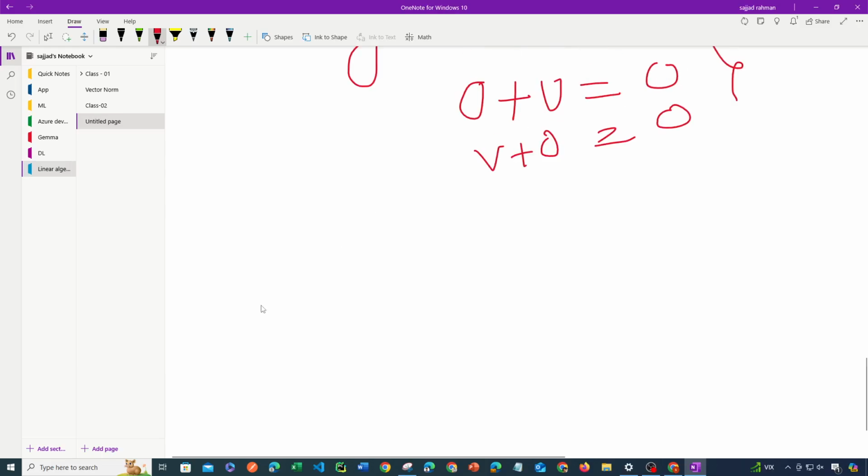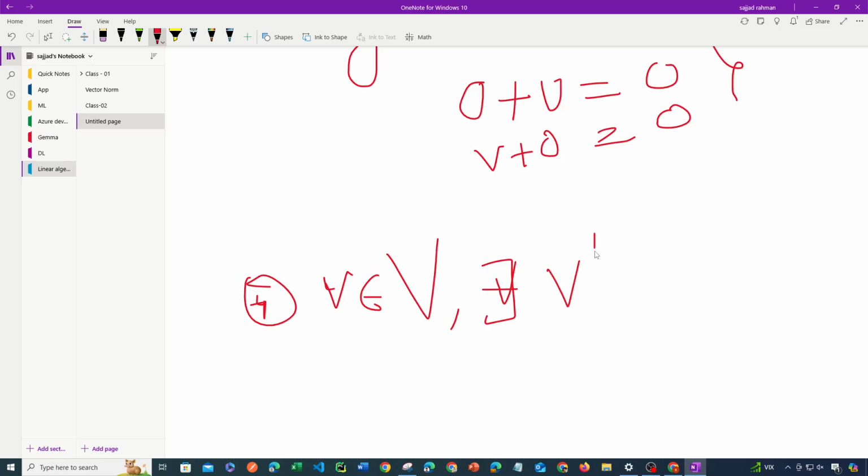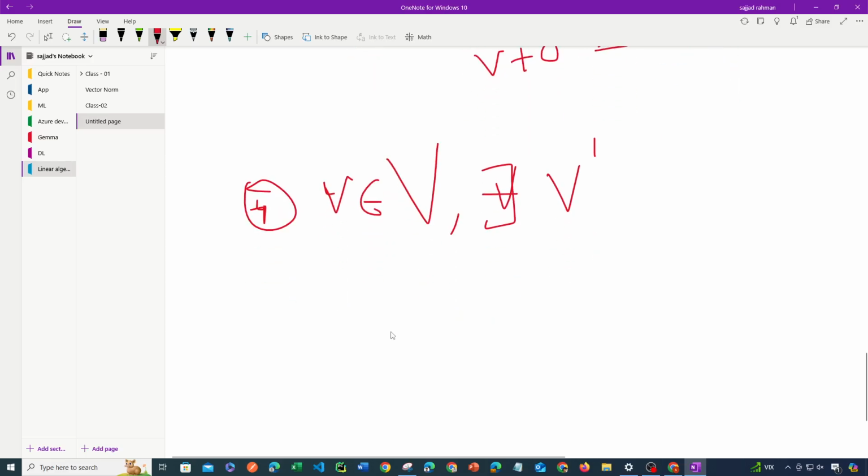And the fourth rule is like this: if a vector v exists, and there exists a v inverse, then what will happen? v plus v inverse equals 0.